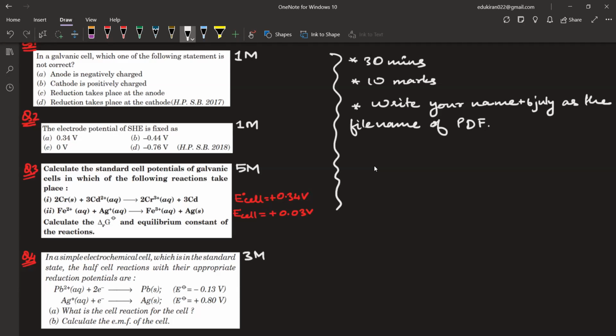Should you write the questions also or just the answer? No, just the answers. For example, we have Ahmed. When you write the file name of the PDF, you'll write it like this: Ahmed 6 July. Okay, Ahmed? Same for Fatima, Sara. Understood? Everything clear? Yes, sir. Okay, fine. Let's go.